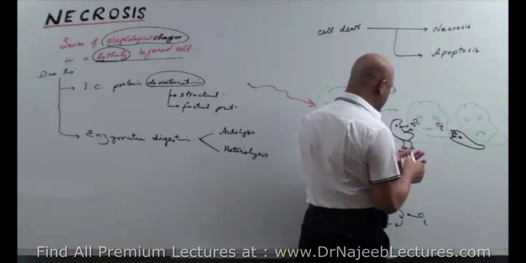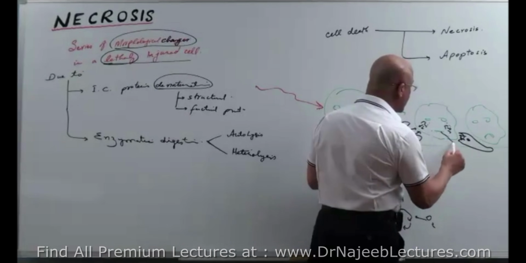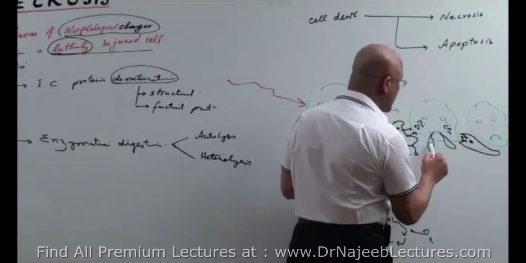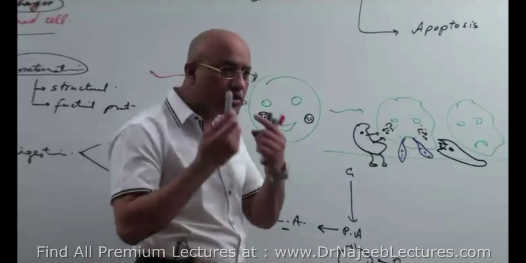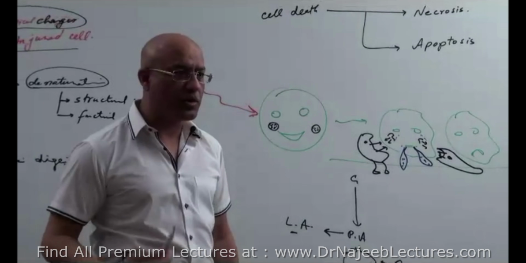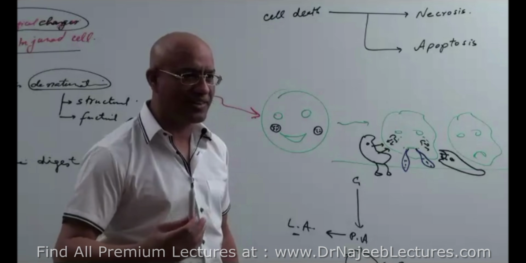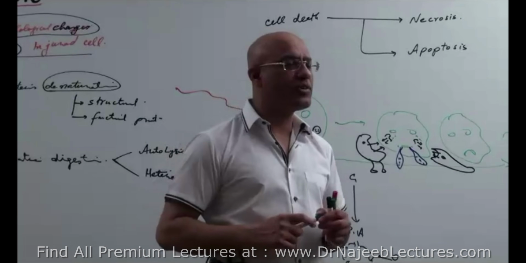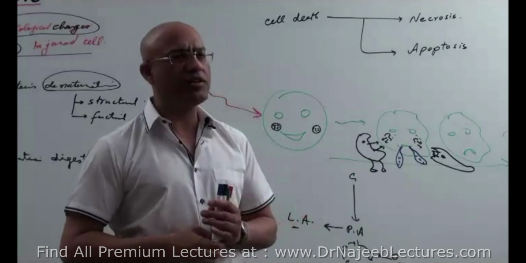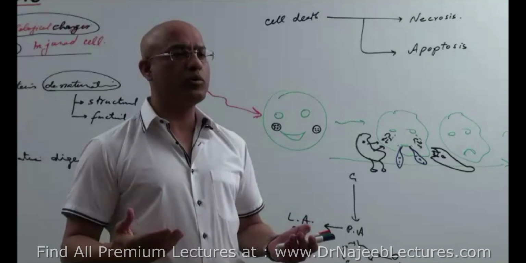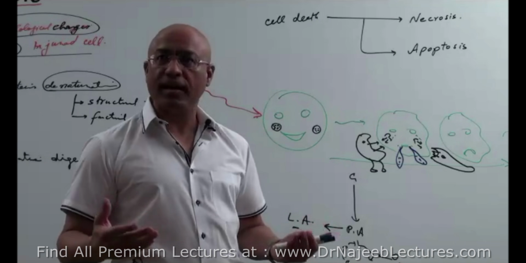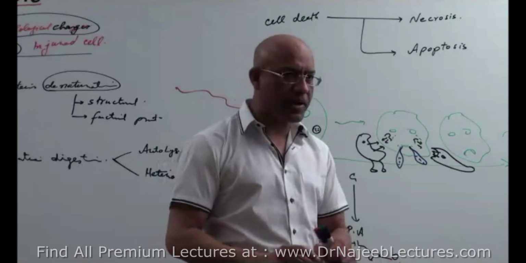And if the plasma membrane of the cell is disrupted, then intracellular constituents come out. Cells start bleeding in a way. Of course, there's no blood in the cells. I'm just saying that when cells are lethally injured, they are unable to maintain the integrity of their plasma membranes.